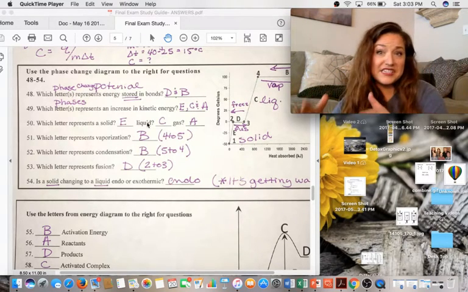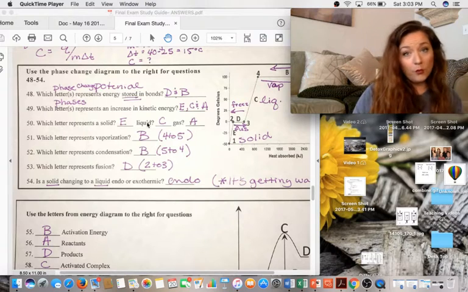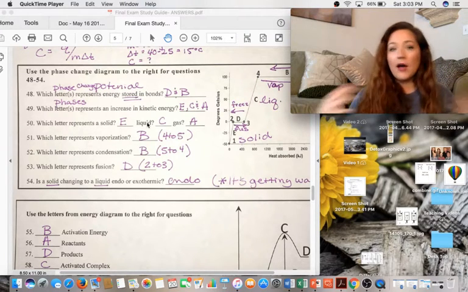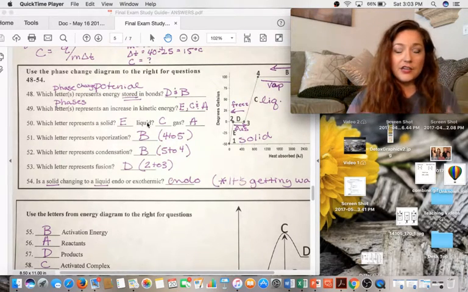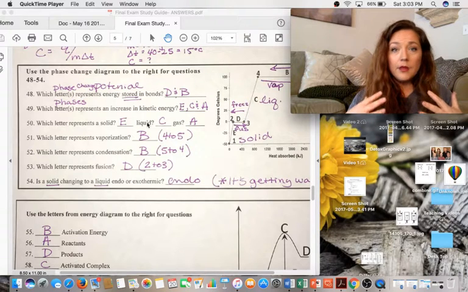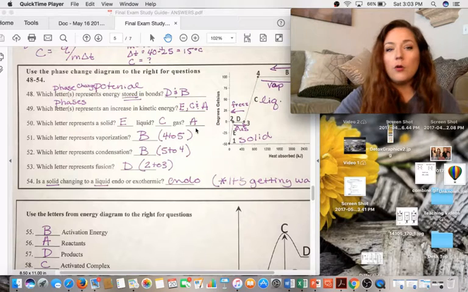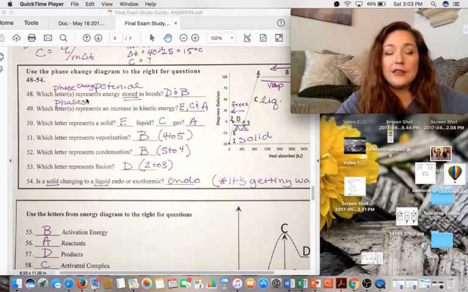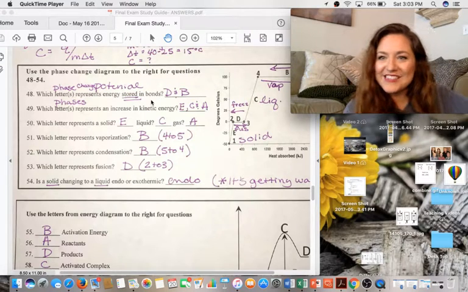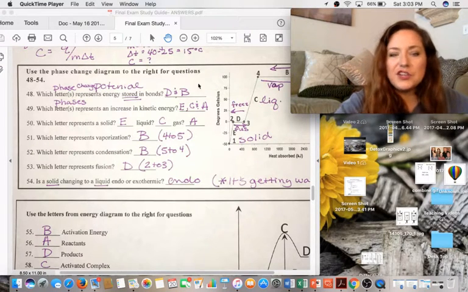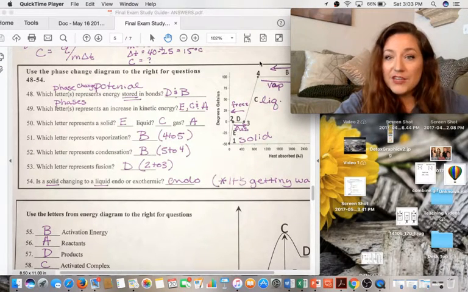You cannot stay still and move at the same time. Right now, I'm having a lot of kinetic energy. If I was to just stop, I would have potential energy. So when they're asking for the letters represented for the stored bonds, they're literally asking you for potential energy, which is going to be D and B, your phase changes.